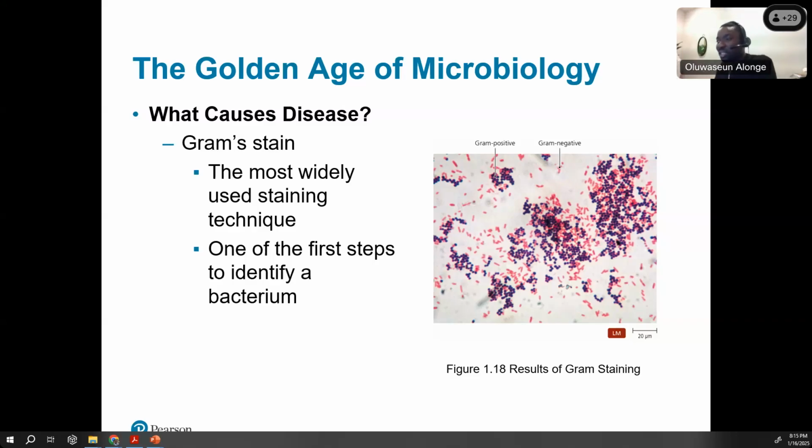The major thing that differentiates them is their peptidoglycan. The peptidoglycan is quite enough, about 90% in gram-positive, and that makes it stain purple. That's why we call it gram-positive. The stain is called gram stain. The gram stain sticks to peptidoglycan and makes it turn purple.